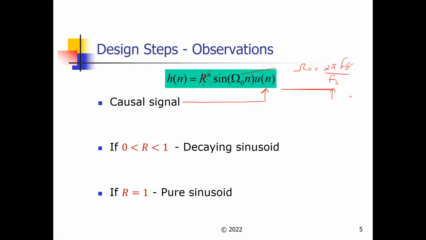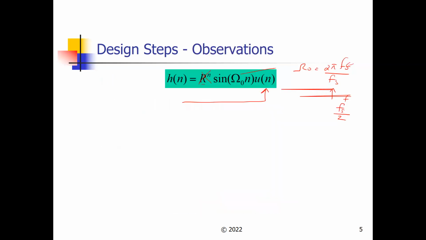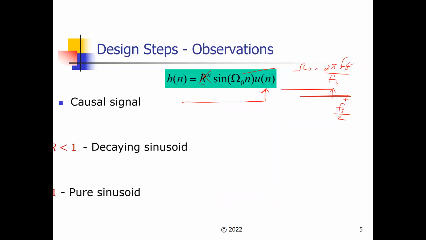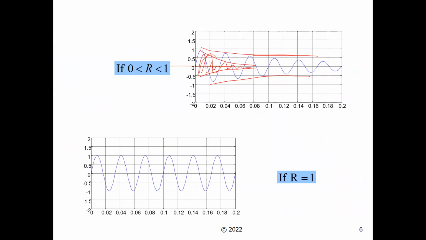And the maximum frequency is fs over 2. All right, all because of our aliasing and Nyquist criterion and so on. So whatever fs is, we can generate up to fs over 2 using this technique, either with the decaying sinusoid or the constant amplitude sinusoid going all the way through.